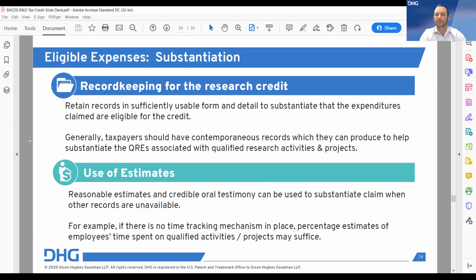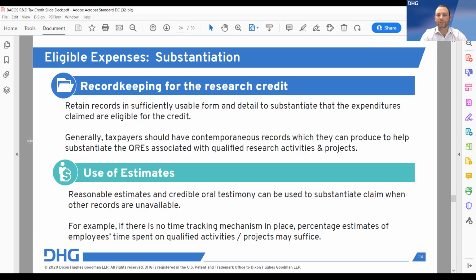You'll want to have either GL account balances or even account detail for supplies or materials. And then maybe a listing through your general ledger of contractor payments and any agreements that go with that. So that's typically going to be, from a quantitative standpoint, what we'll want to at least have when filing the return for one of these credits.